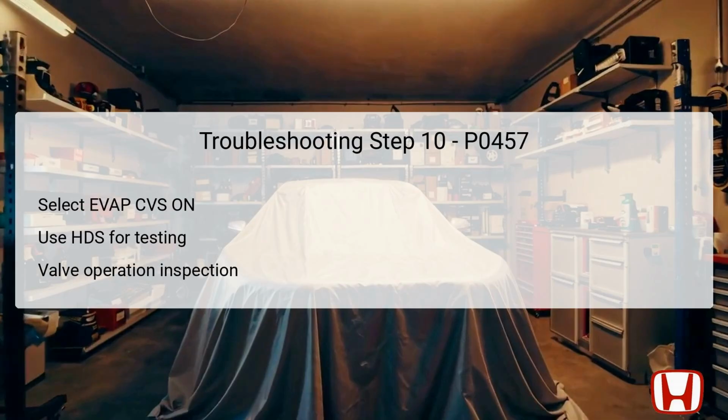The 10th step involves selecting the EVAP CVS canister vent shut on in the HDS Honda Diagnostic System inspection menu. This selection directs the HDS to initiate tests that evaluate the functionality of the EVAP canister vent shut valve. By activating this command, technicians can observe whether the valve opens and closes correctly when prompted.